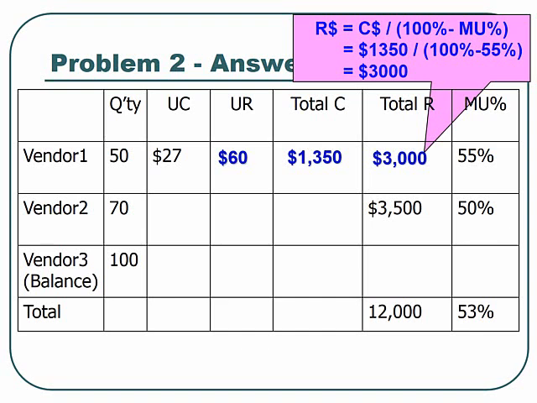Okay. Now we are moving on to the second row, vendor 2. For vendor 2, we know the number of units, the quantity, as well as the total retail and markup percent. Again, we can figure out the total cost from the total retail and markup percent, right? How do we do that? That's right.